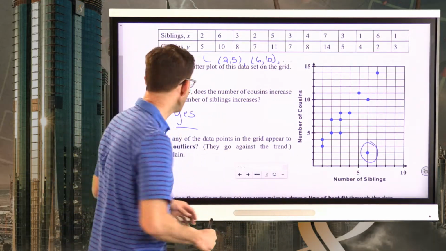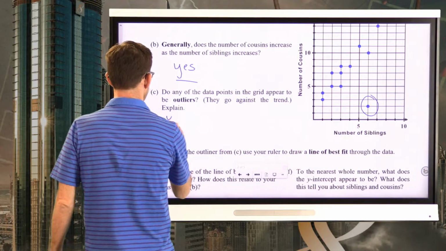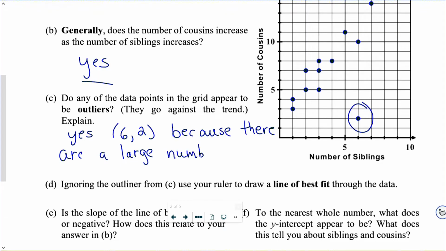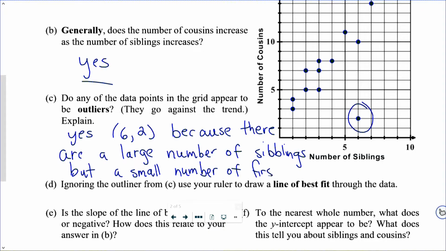This is an outlier, the point 6, 2, because there are a large number of siblings but a small number of first cousins, which of course can happen.